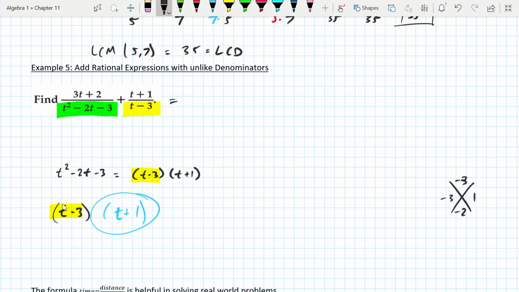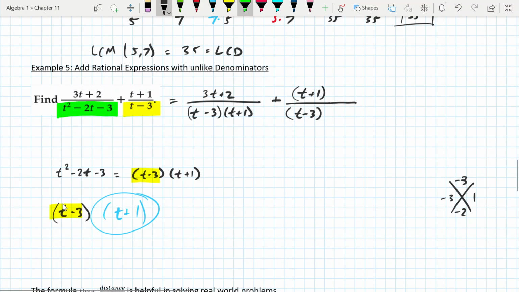So I'm going to have 3t plus 2 over, and I like to leave it in the factored form here, t minus 3 times t plus 1, plus t plus 1, put it in parentheses, t minus 3, put it in parentheses, and I need to add in that part of the denominator that's missing, t plus 1, t plus 1.